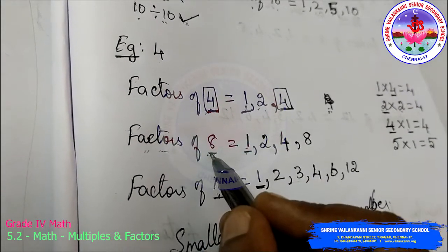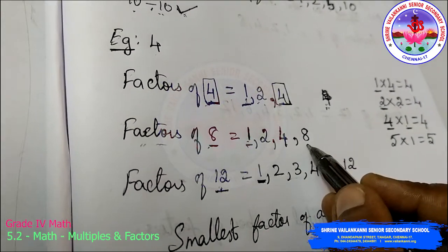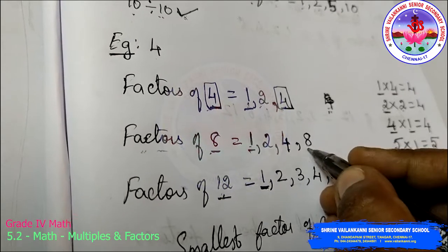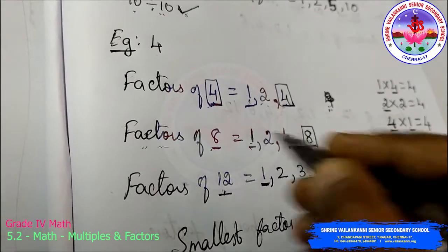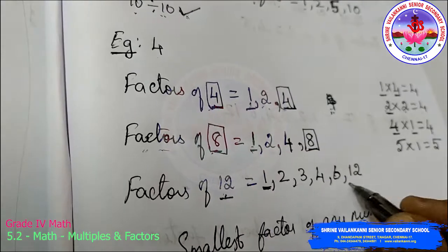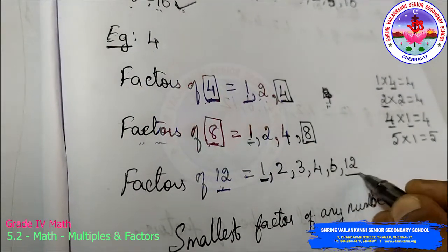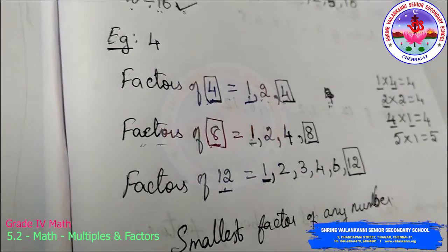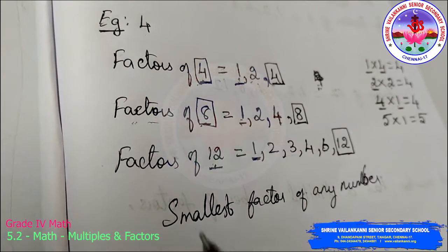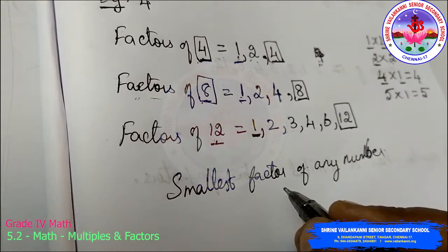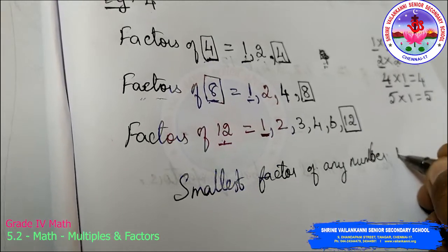Coming to factors of 8, what is the last greatest factor? 8. Here in 12, the last greatest factor is 12. So, what is the thing here? The smallest factor of any number will be 1.